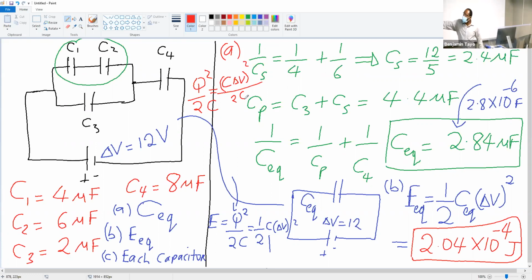So everything looks good up to this point, right? We have our equivalent capacitor, and then we've also calculated what the energy is. So let me just show you what we're going to do next. I want to calculate E1.